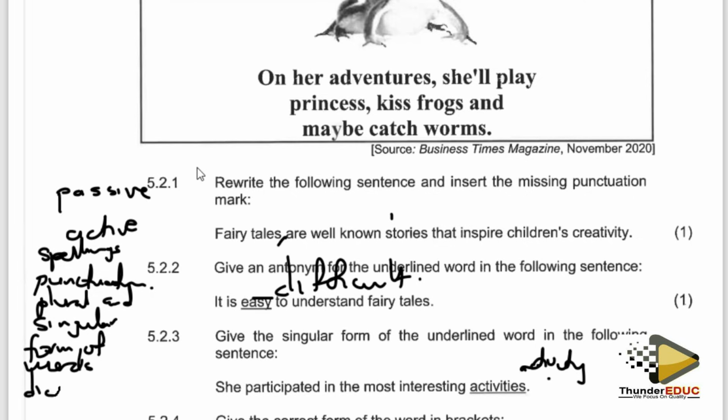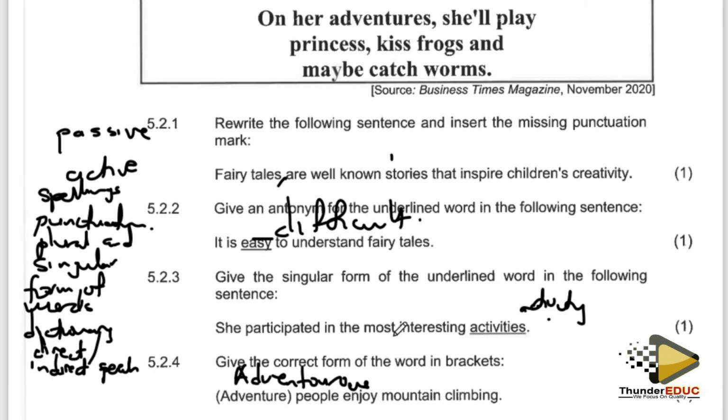And also please revise your dictionary work. The word is an adjective, the word is a noun, the word is an adverb. You will have to do that one. And then please make sure direct speech and indirect speech must be done without fail. So those are the things that you must be trying to internalize as you are coming into your paper.